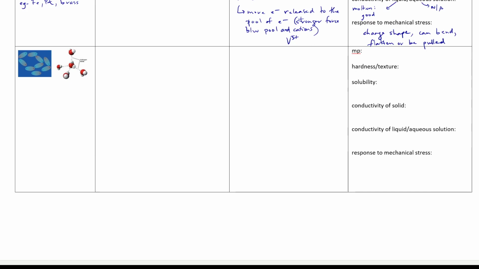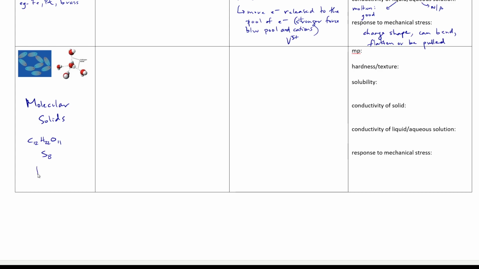Okay, so the last is molecular solids. And so molecular solids are basically any solid that is made up of a molecule, right? So for example, this, I believe, is sucrose, which is sugar, right? Sugar crystals, or solid sulfur, okay?